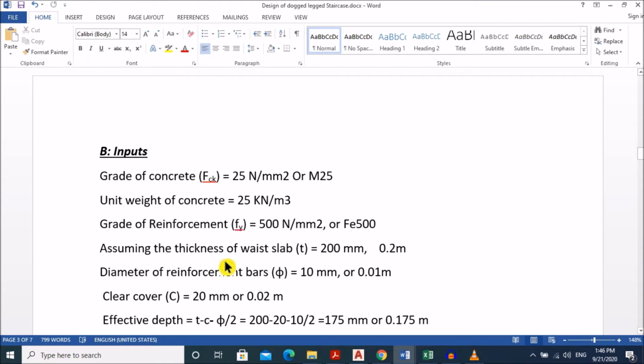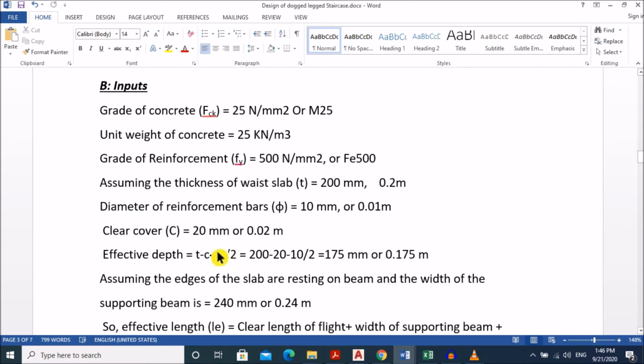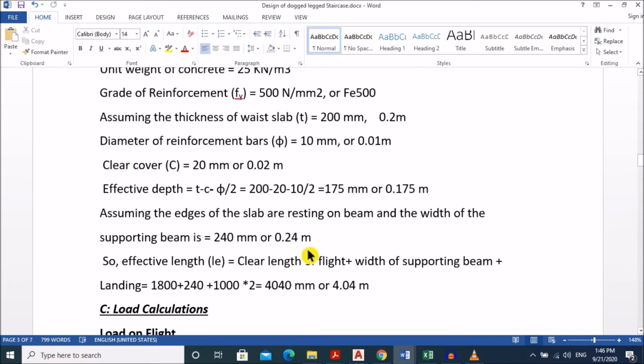Assuming the thickness of the waist slab is 200 mm for now, the diameter of the reinforcement is taken as 10 mm for now, and clear cover is assumed to be 20 mm. The effective depth will be gross depth minus clear cover minus half of the diameter. That gives 175 mm effective depth of the waist slab of the staircase.